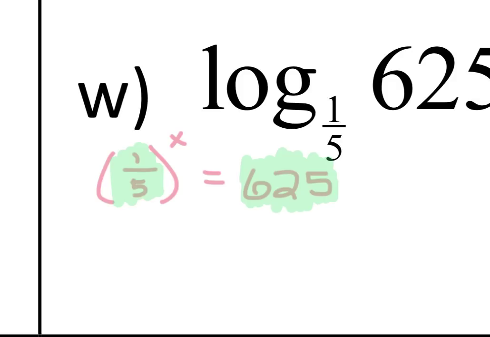So it should be obvious to you, hopefully, that both 1/5 and 625 can be written as 5 to a power. So over here, it would be 5 to the negative 1 power. And over here, 625 is 5 to the 4th power.